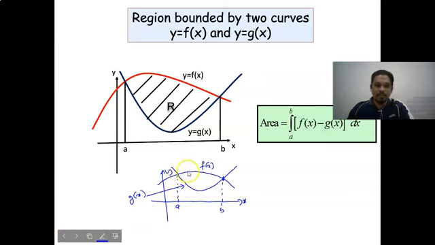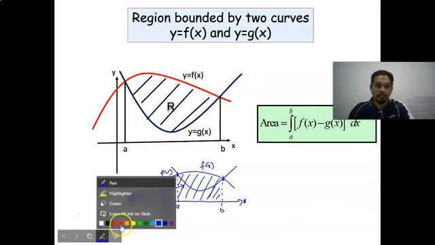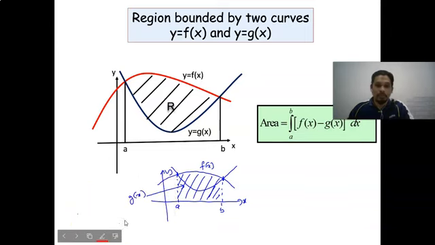If we integrate the function f(x) from a to b, it gives us the whole area between f(x) and the x-axis. And then minus g(x): the integral of g(x) also gives us the area between the curve and the x-axis.